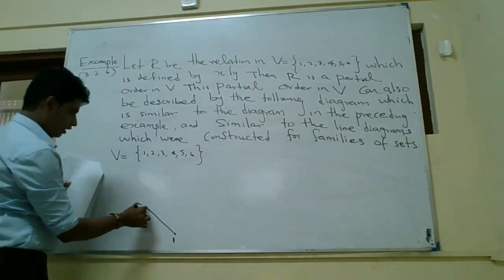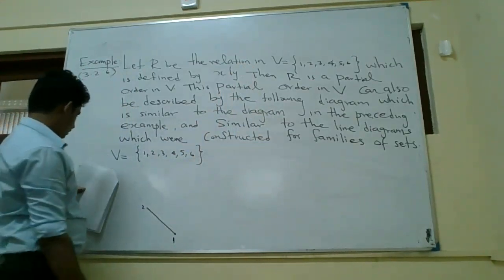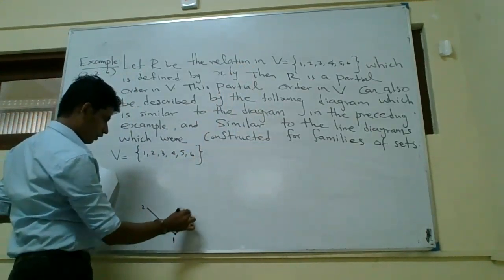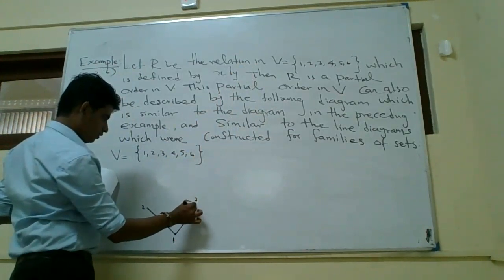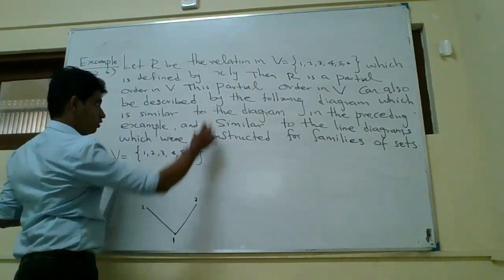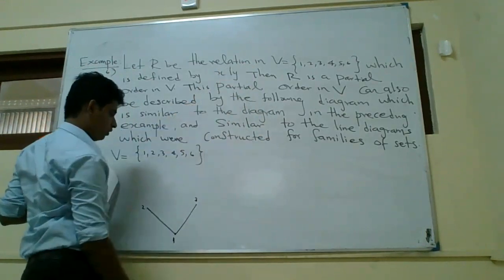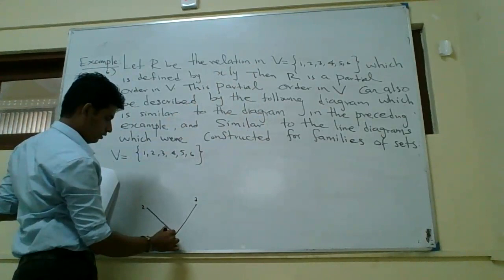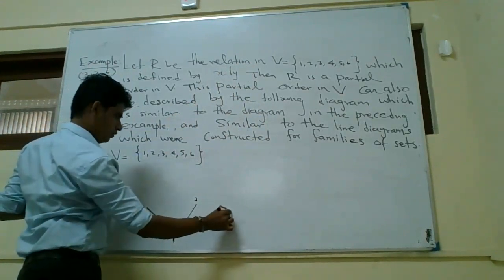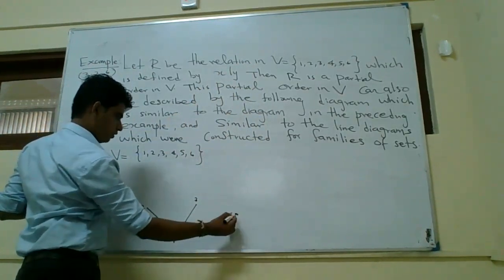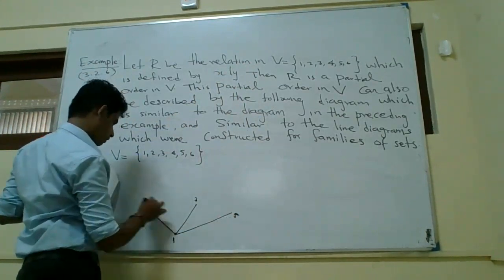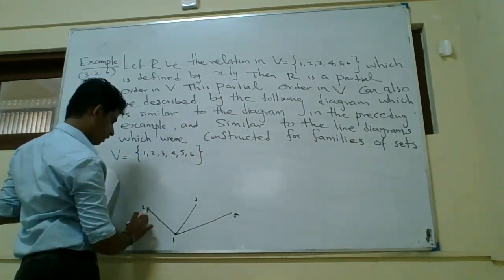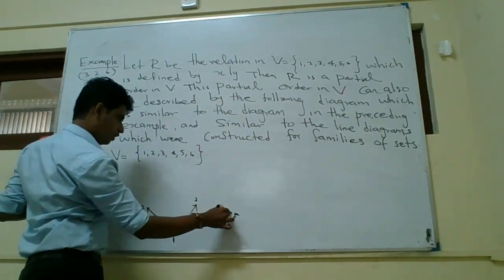This one okay. Therefore 1 to 2 okay. 1 to 3, another relation. 1 and 3 okay, because 1 divides 3, you can write 3 equals 1 into 3, 3 is an integer. 1, 3, 5. Okay, that's a relation between 1 and 2, 1 and 3, 1 and 5.